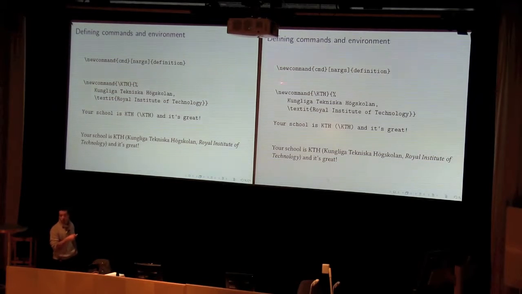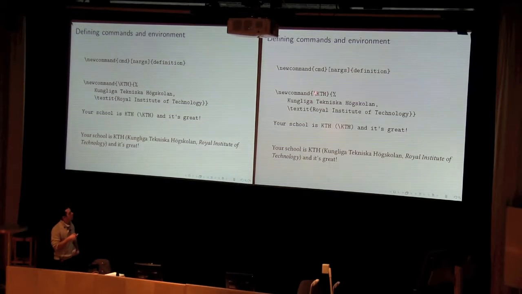So this uses the command newcommand. Here you give the name of the command like that. Then you have an optional argument, in square brackets for LaTeX, which defines the number of arguments that will be needed for this command.